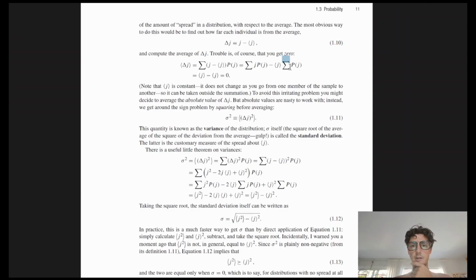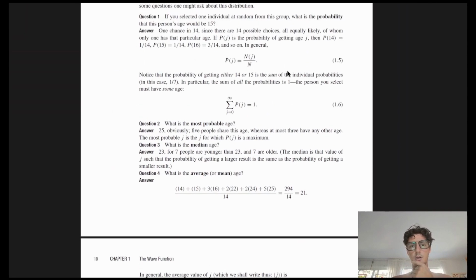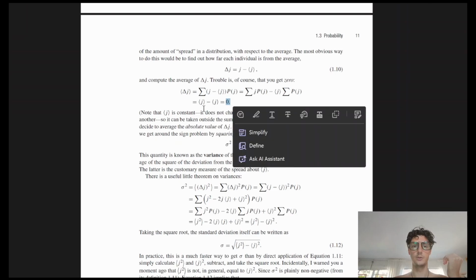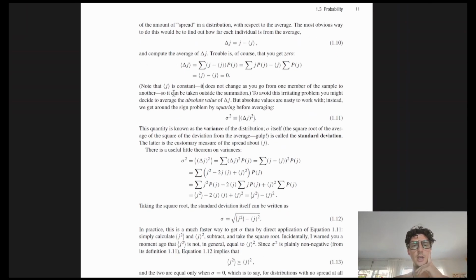And over here, this summation is equal to 1, which you can get by going all the way up here and looking at this. Amazing. So now we have average of J minus average of J, which gives you 0. Note that the average of J is constant. It does not change as you go from one member of the sample to another. So it can be taken outside the summation, which is the step they do here.